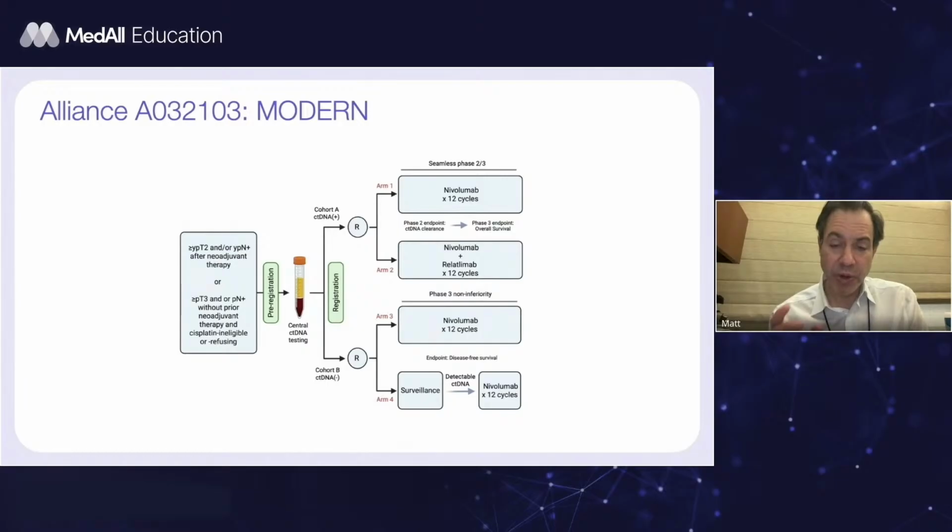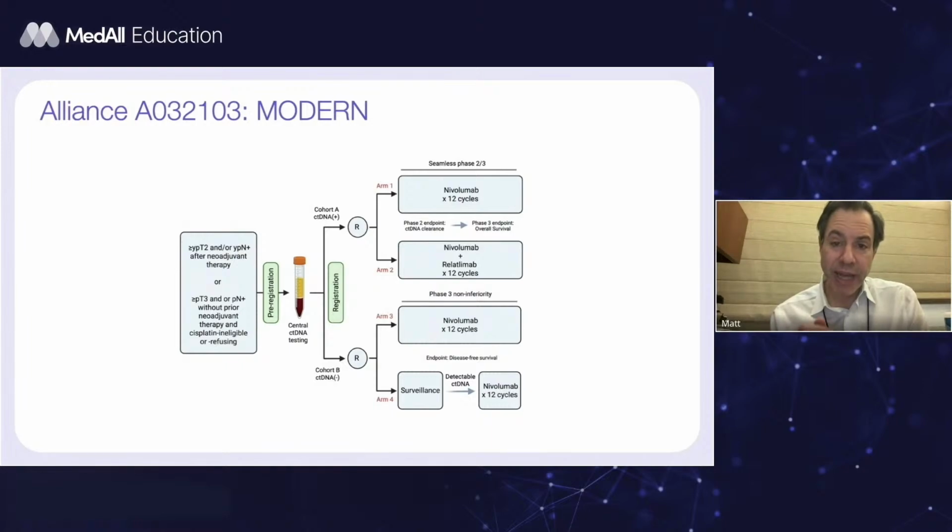Patients with detectable ctDNA assays are randomized to adjuvant nivolumab, PD-1 blockade, standard of care, versus a doublet of nivolumab plus relatlimab, seeking whether or not we can escalate treatment to try and improve outcomes even further in patients with detectable ctDNA after surgery.